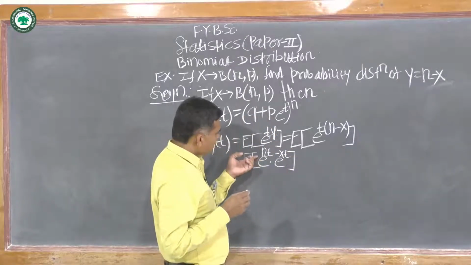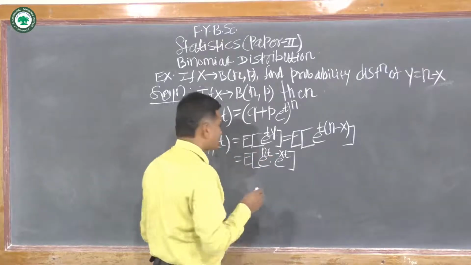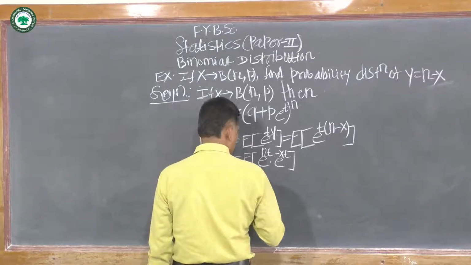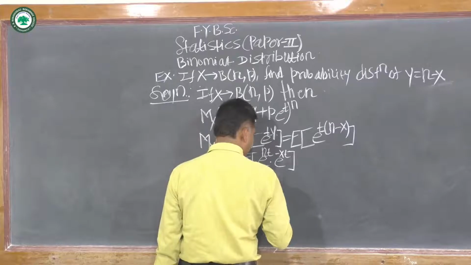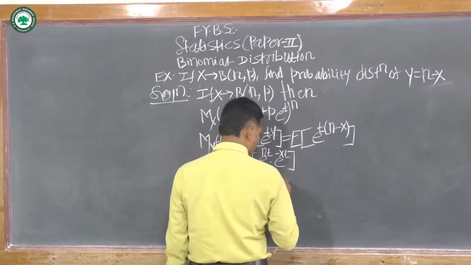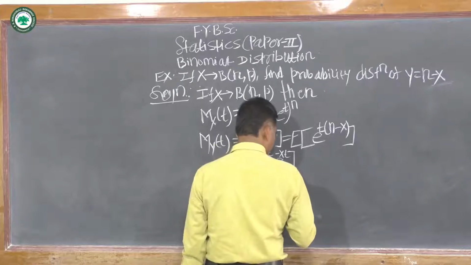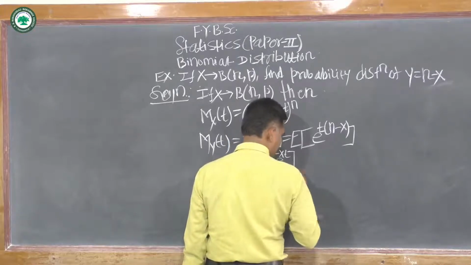Here e raised to n t is a constant term, so take it out of the expectation sign, which is equal to e raised to n t into expected value of e raised to X into (minus t).